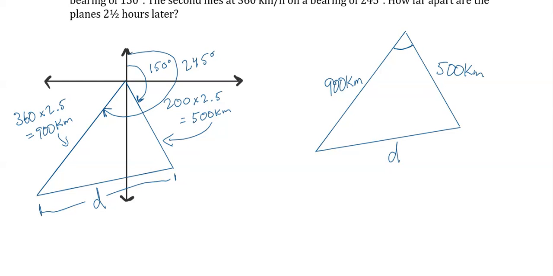Yeah. So 150 takes me to there. 245 takes me to there. So the difference between them is this, which is 245 minus 150, which I think you'll find is 95 degrees. And then what am I going to use? So again, applications, it's all about getting them set up, understanding the information you're given, drawing it so you can visualize it, labeling it correctly, maybe solving for an extra angle like that. But now that I've written it like this, it's just like a question that we were doing last week.